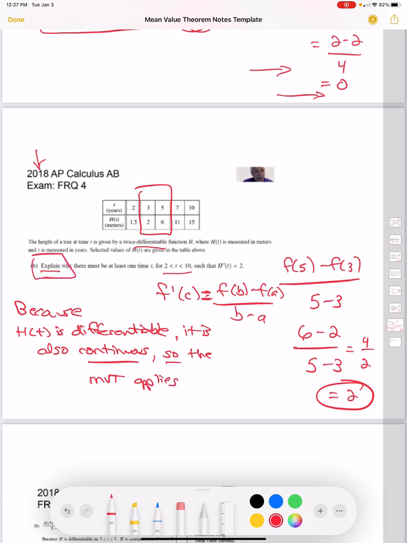There's our explanation. We need this piece right here, and we need this piece right here, to explain why the mean value theorem applies. We've done the right side over here. We did our average rate of change over here. And on the left side, we justified it by going through the definition of the mean value theorem. And we will stop there for today.